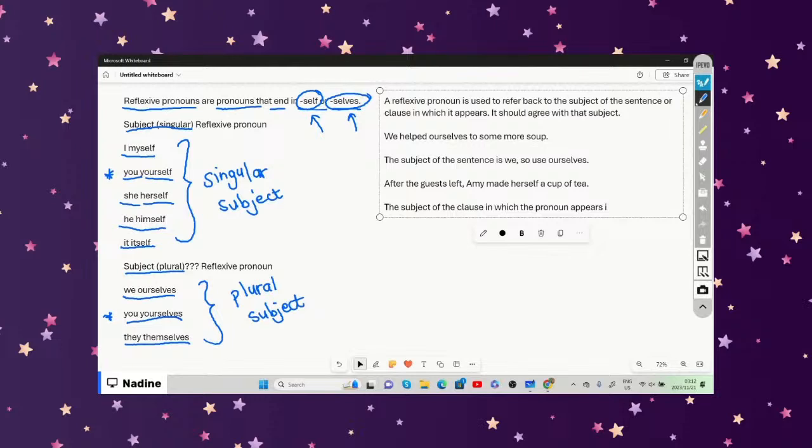And like we say, these are all reflexive pronouns. Reflexive pronouns are pronouns that either end in self, which refers to a singular subject, or end in selves, which refers to a plural subject.